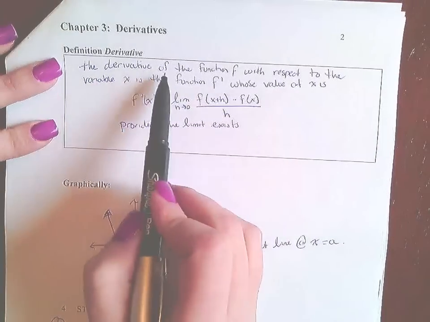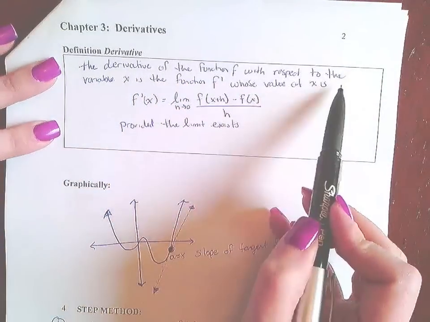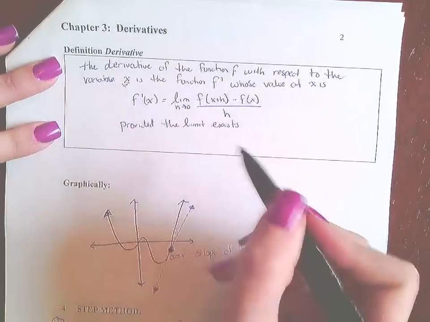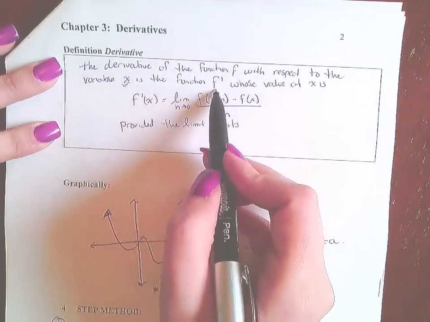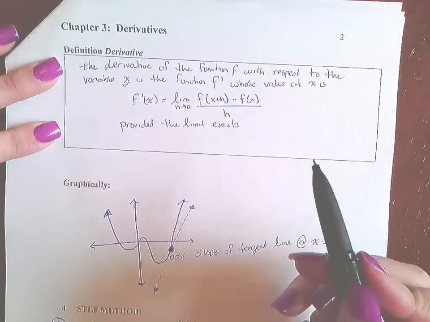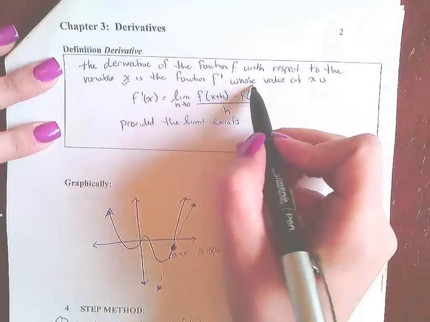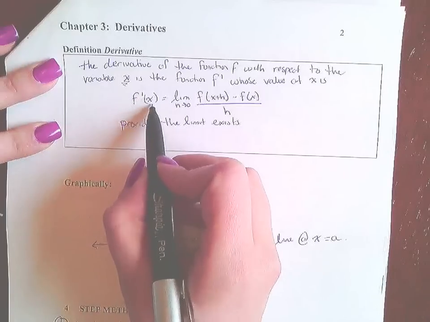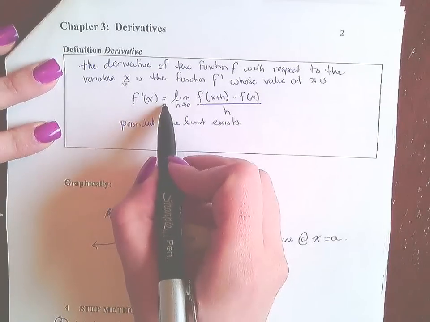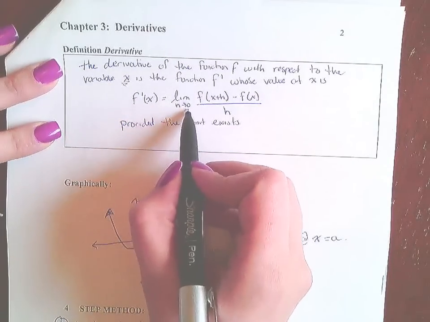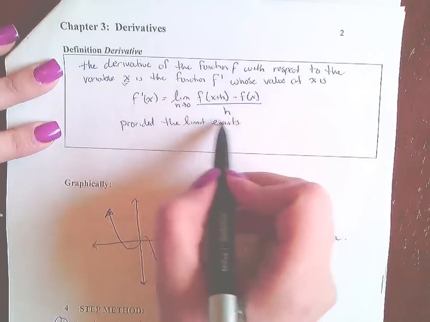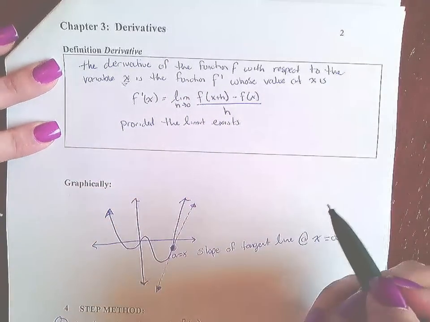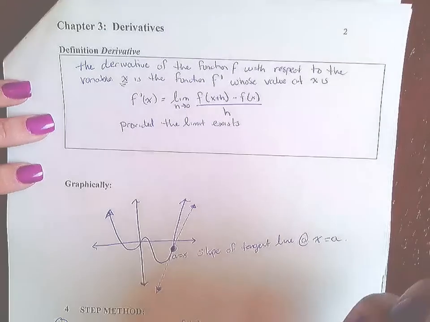The derivative of the function f with respect to the variable x, so we're always focusing on x, is the function f prime, we'll look at those notations in a minute, whose value at x is f prime of x equals the limit as h approaches 0 and are instantaneous, provided that the limit exists. In section 3.2, we'll look at when it doesn't.